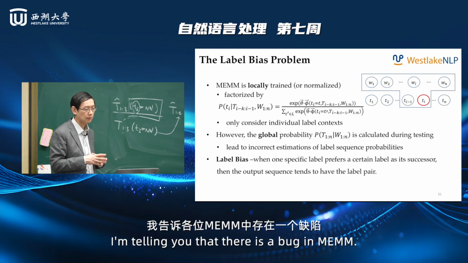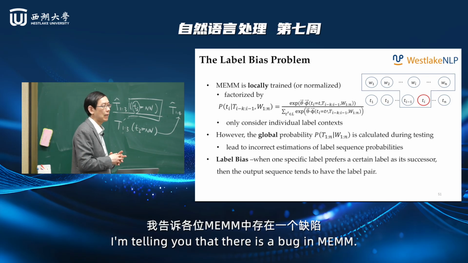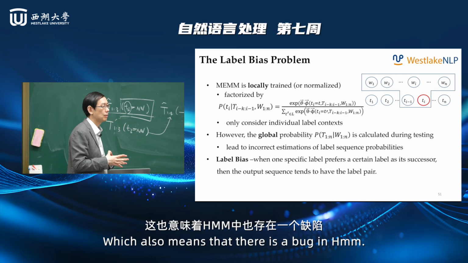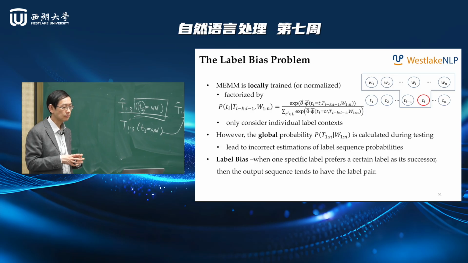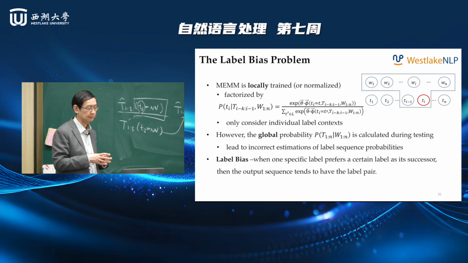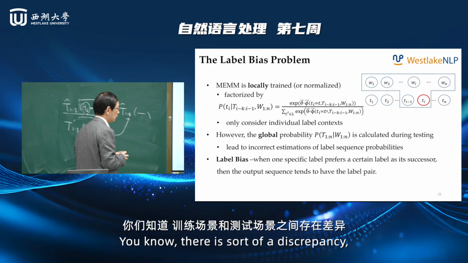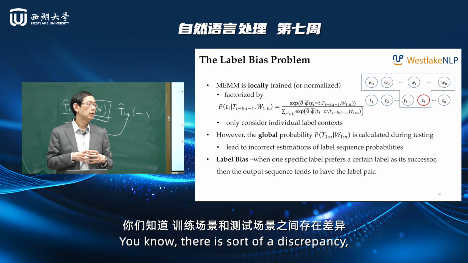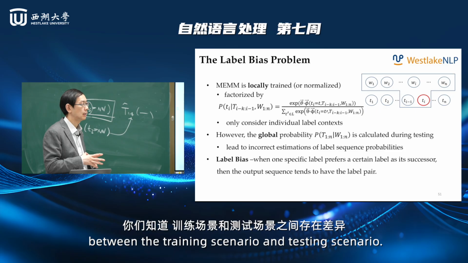I'm telling you that there is a bug in MEMM, which also means that there is a bug in HMM. What is it? There's a sort of discrepancy between the training scenario and the testing scenario.